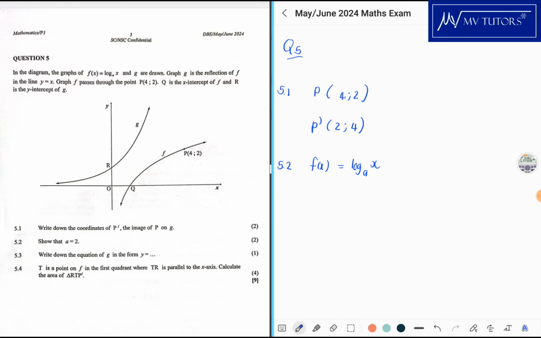If we get the function of g, that's basically going to be a to the power x. So what we can do then in that regard, because P prime will be on g, now we can substitute P prime. So in the place of y we have 4, in the place of x we have 2.